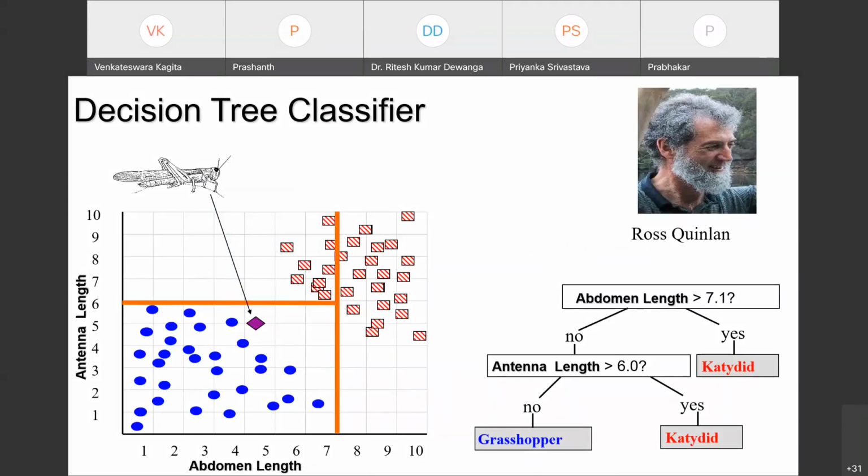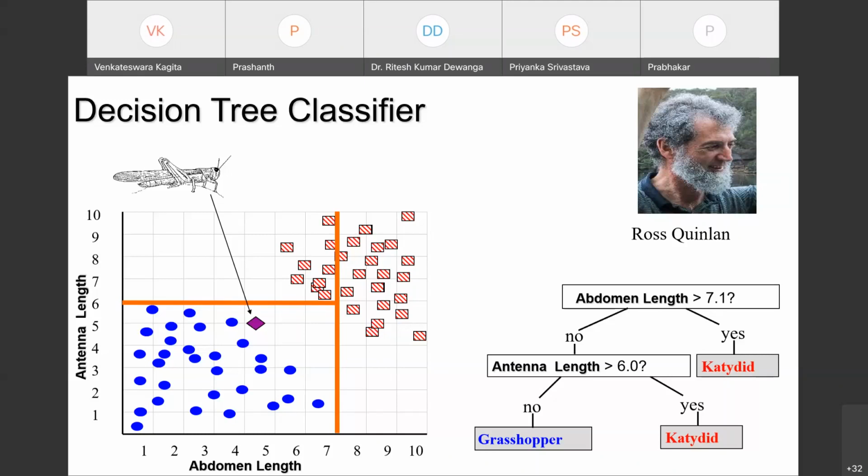The decision tree asks for a sequence of decisions, and based on the sequence of decisions, it learns a rule, and based on that rule, it classifies the objects.